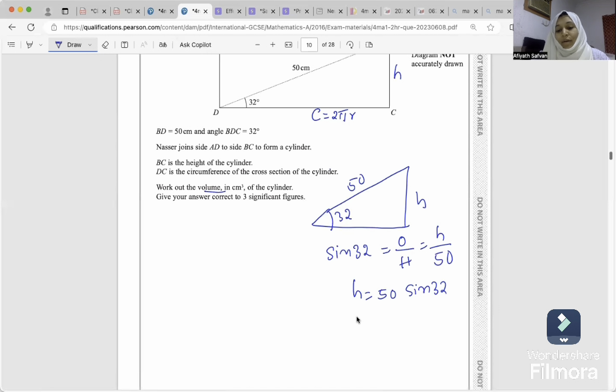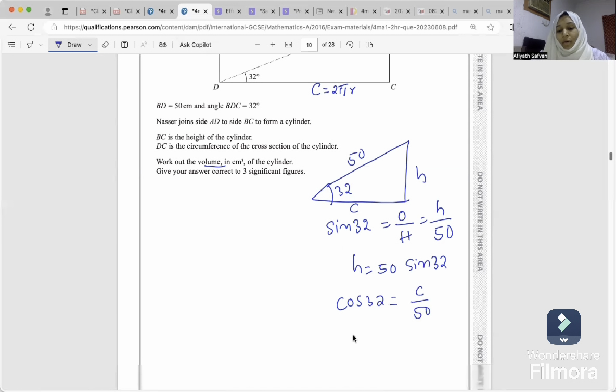If you are looking for the C in the same triangle, then I have to use the cosine ratio here. So cos 32 is equal to C divided by 50, or my C is going to be 50 times cos 32. Okay, keep it aside.